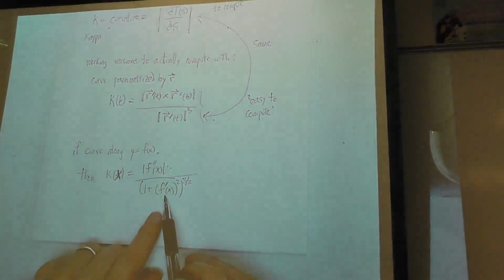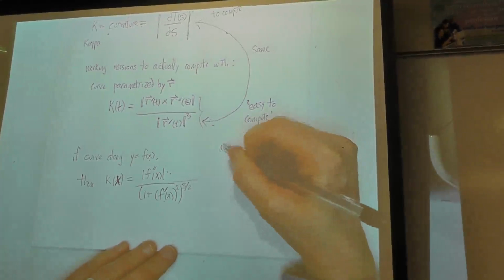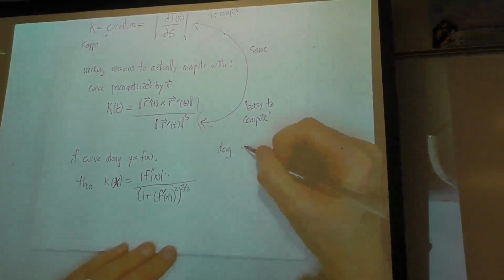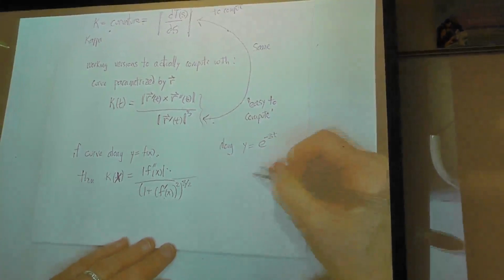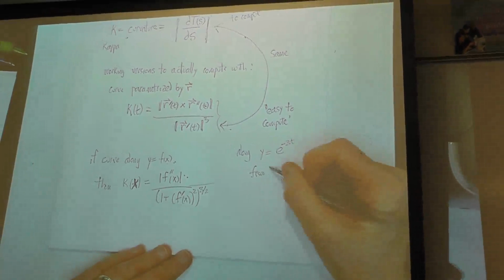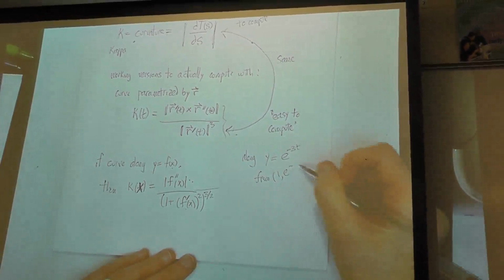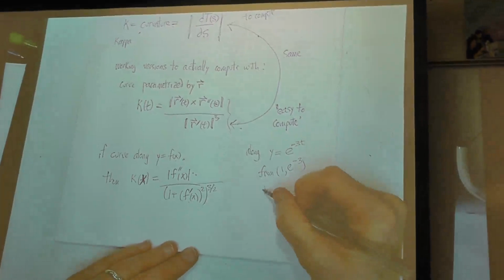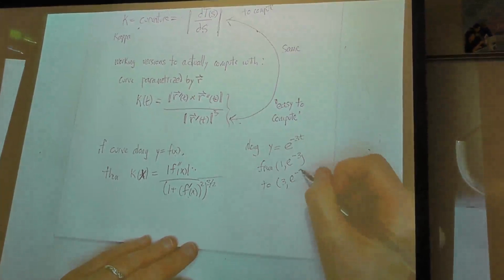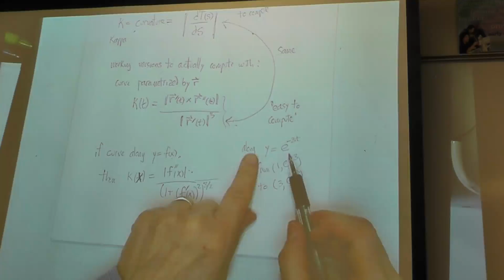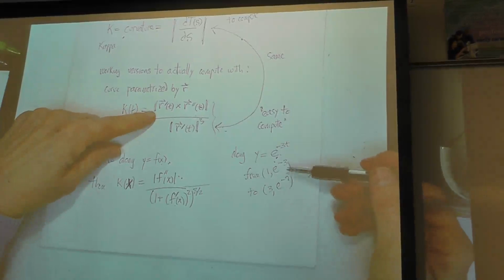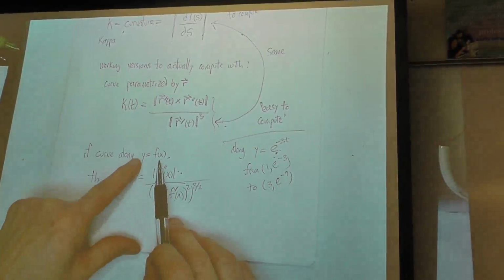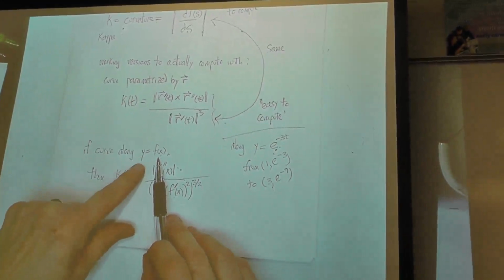So not a vector. I would use this, for instance, if the curve I was looking at was along y equals e to the minus 3x, from 1, e to the minus 3 to, let's say, 3, e to the minus 9. This is along a function. Instead of having to parameterize the curve, I could just tell you curvature by directly plugging in.